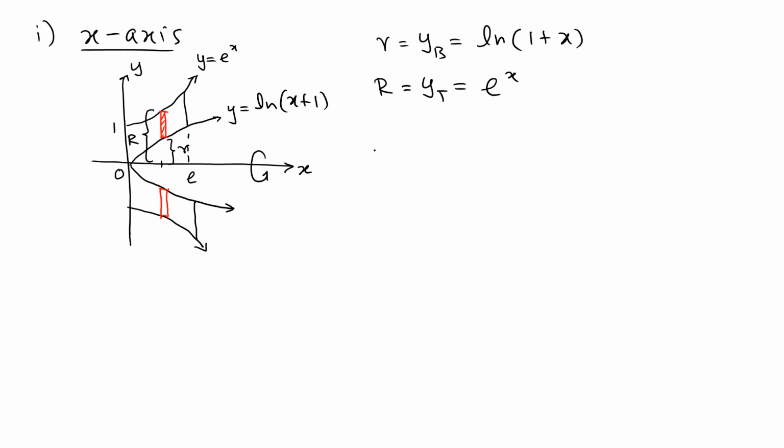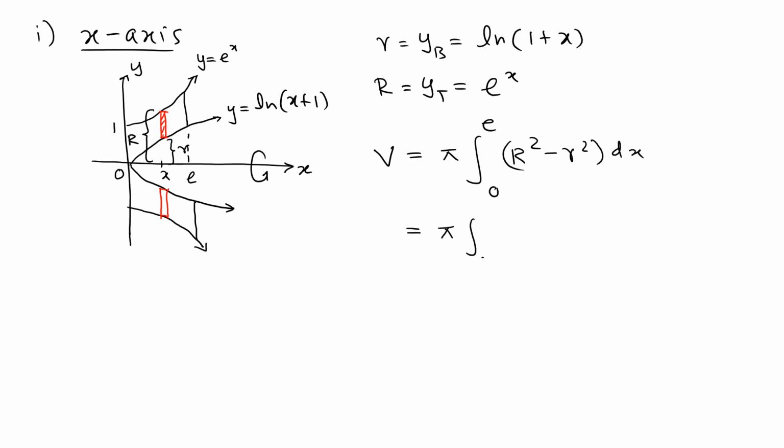So V = π ∫ from 0 to e of (R² − r²) dx. The thickness is dx along the x-axis. So let's plug in.